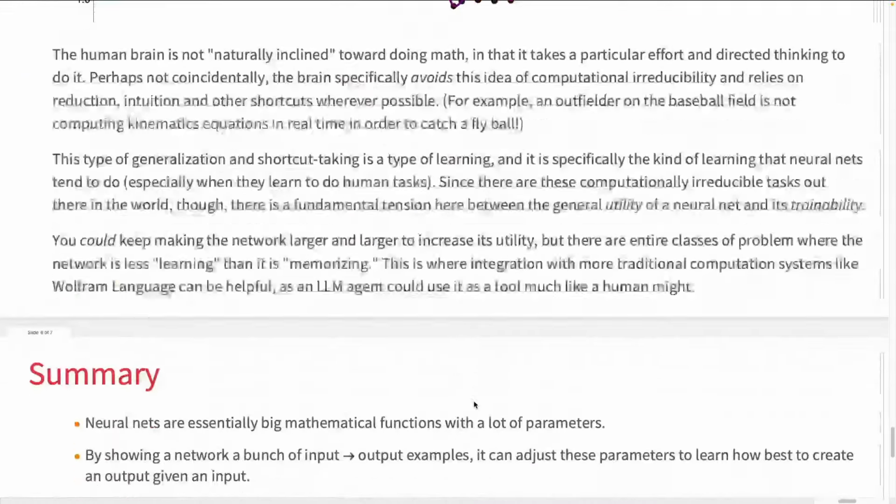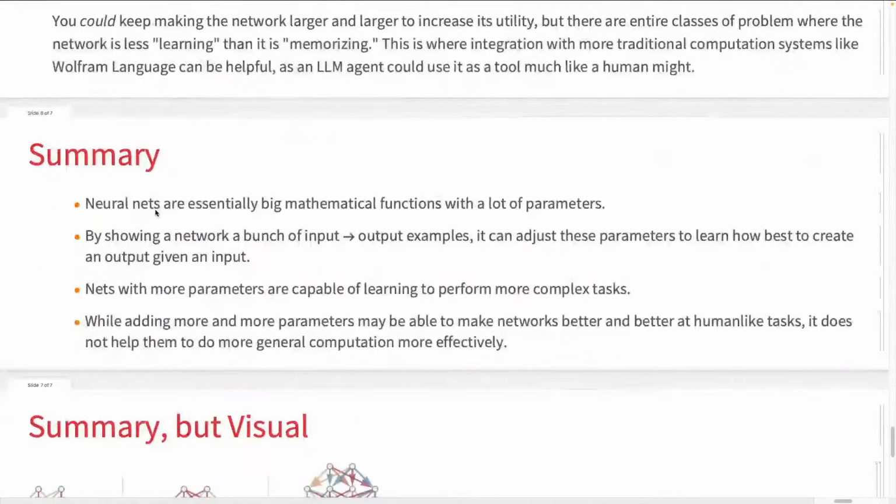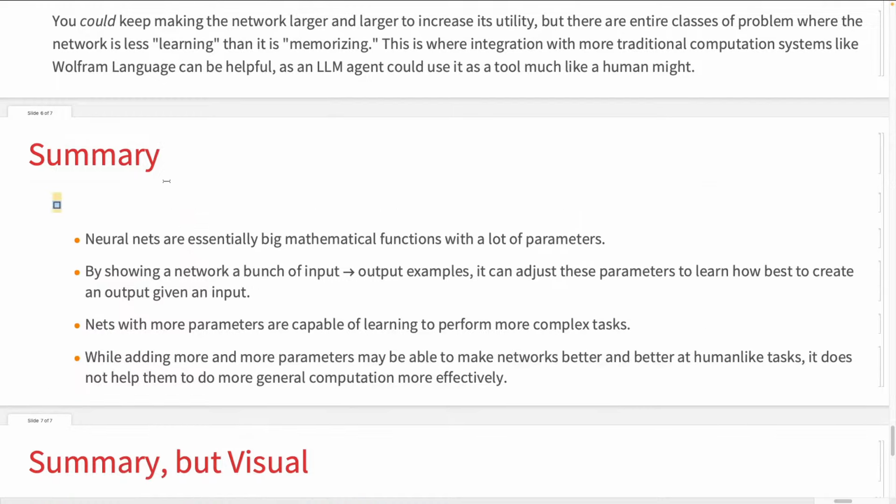And then just a quick summary at the end. So for all we talked about, the structure and connections and all that jazz, neural nets are essentially big mathematical functions, and they have a lot of parameters. Just like yesterday, we had this kind of f(x) = ax^2 + bx + c.